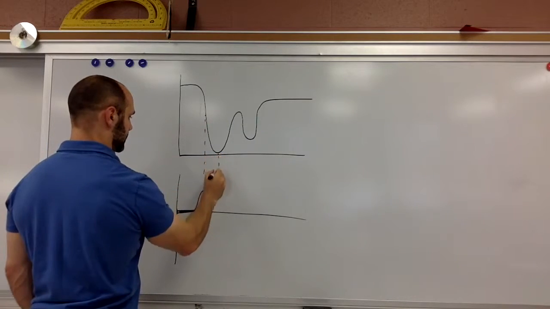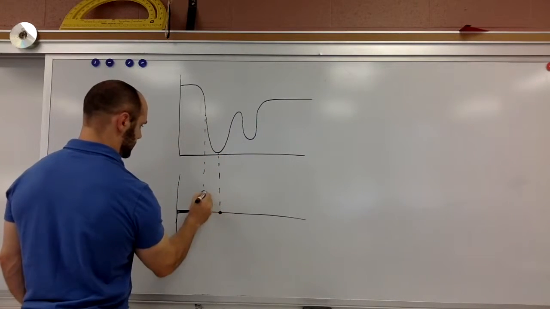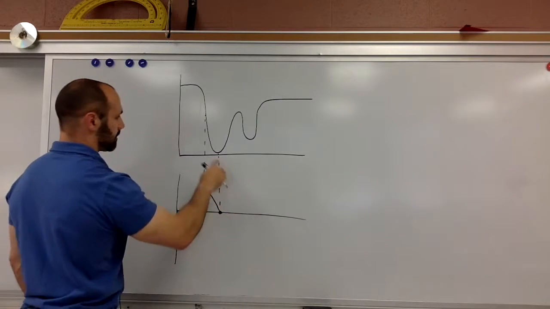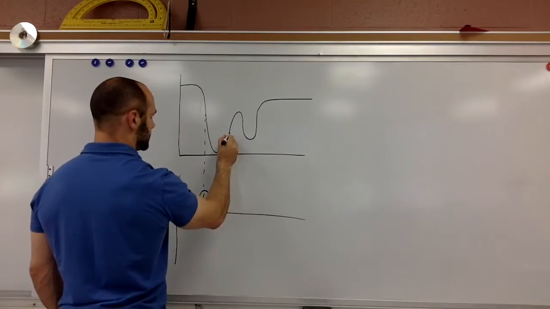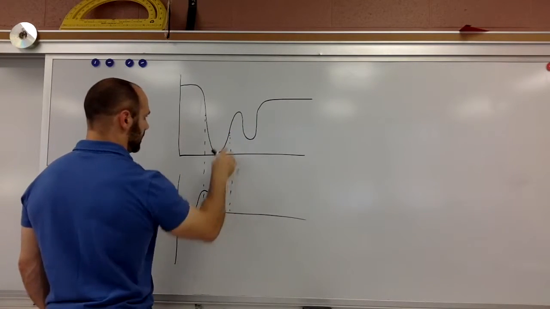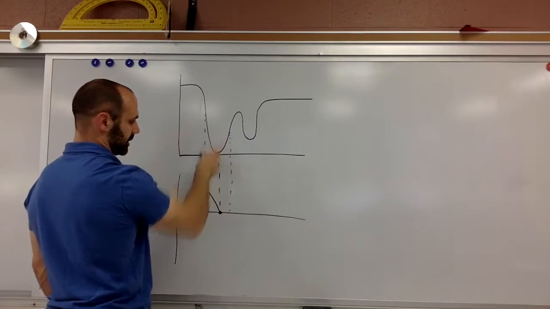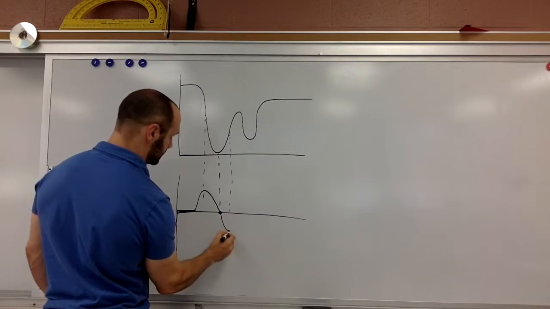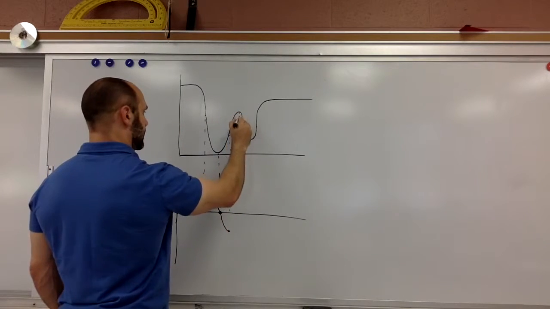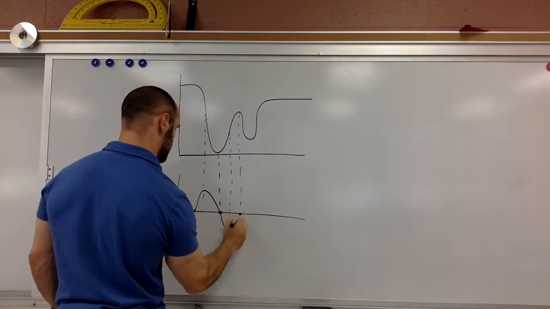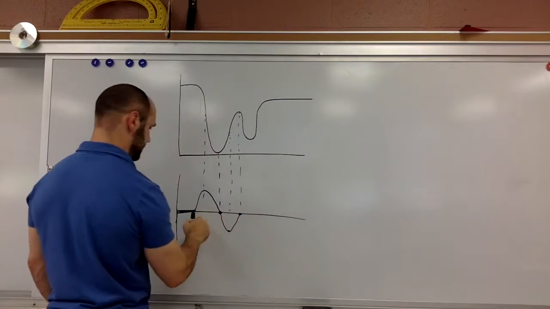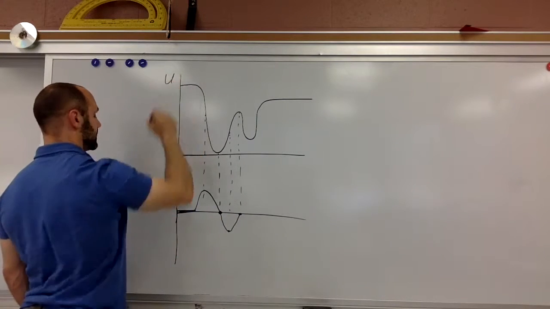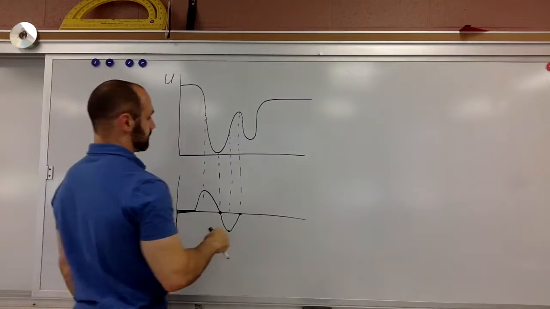So at this point the derivative here is 0. So this is going to be coming down like that, and then reaching a large positive slope, so I'm going to make it a large negative value. That's the low point there. And then again, 0 at this point, so this is 0 slope. This is potential energy, this is force.